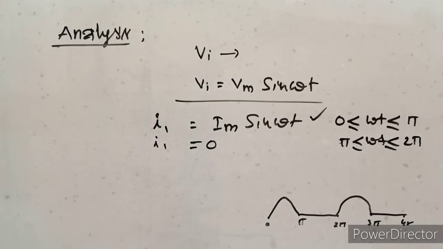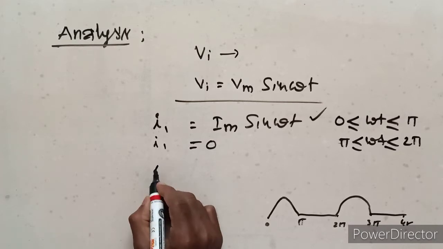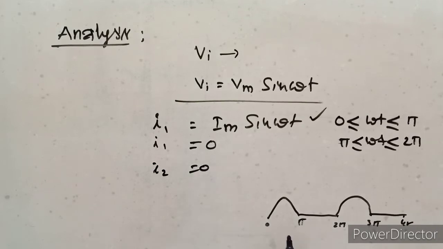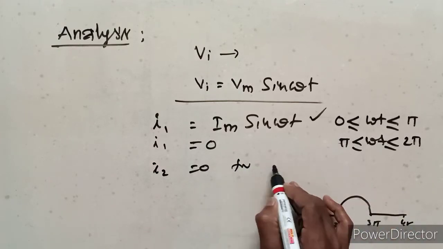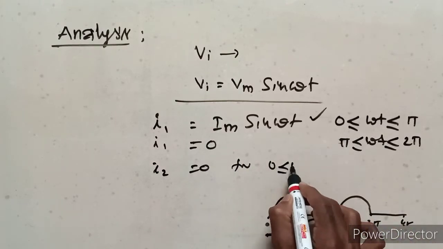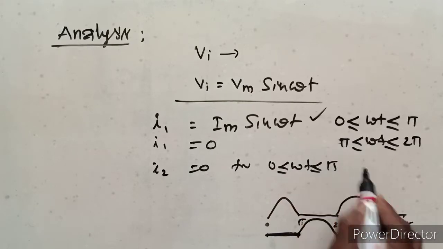In the same way, in the second case, I2 equals 0 between 0 and pi, because in the second diode this is not allowed, and this is allowed.